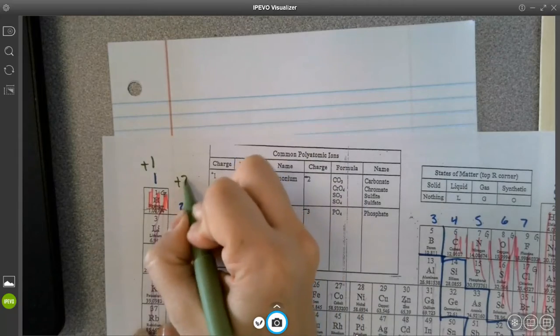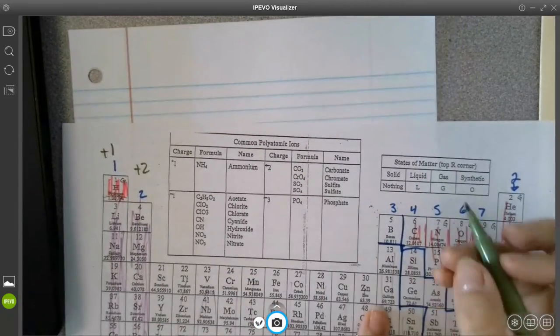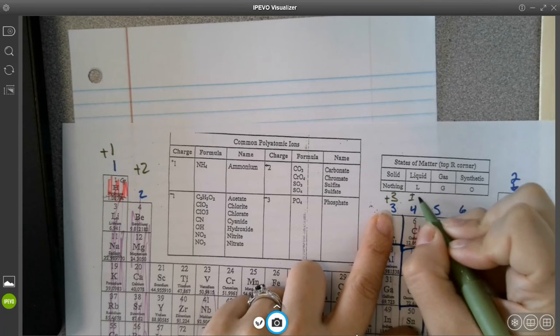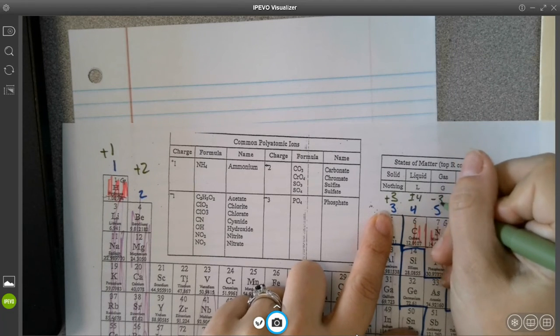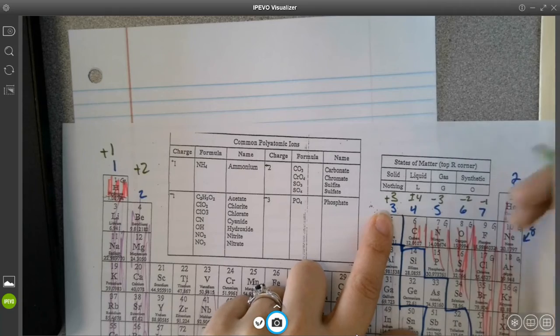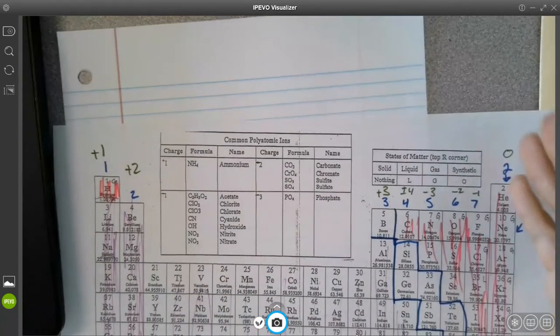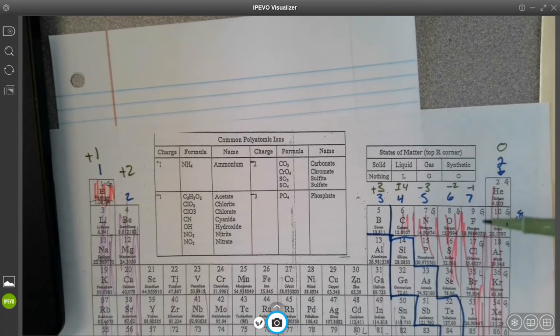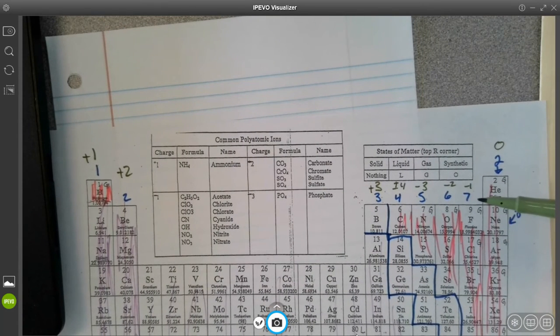Family 2, +2. Family 13, +3. Plus -4, -3, -2, -1, 0. So noble gases are actually always happy. They don't have a charge. Family 17 with 7 valence electrons. Since it's short 1 electron, that's where the -1 charge comes from.